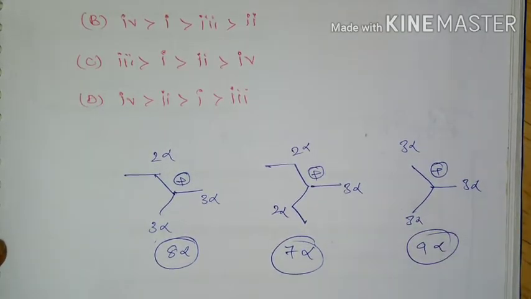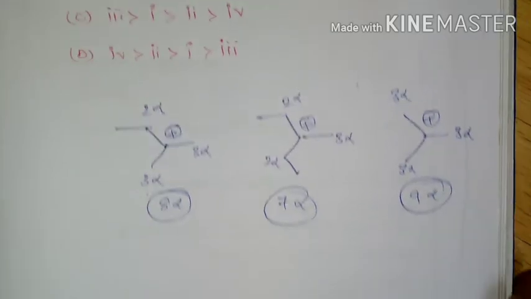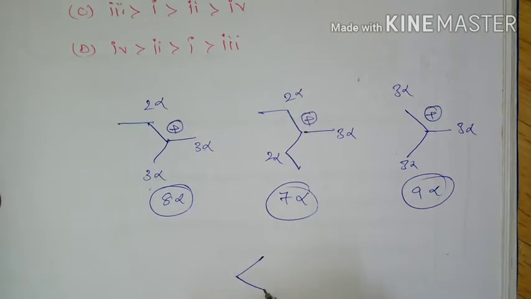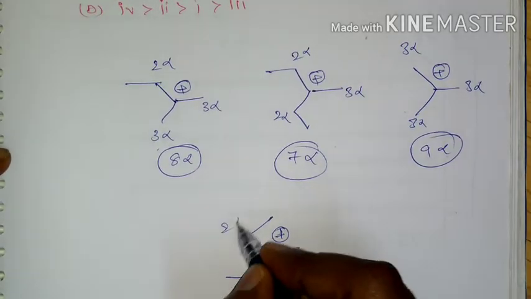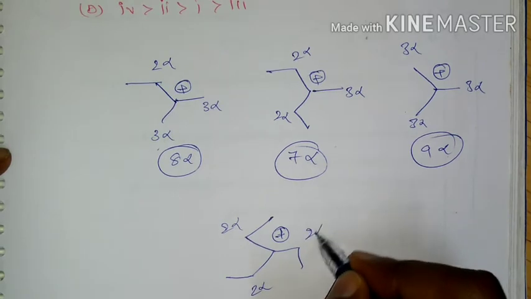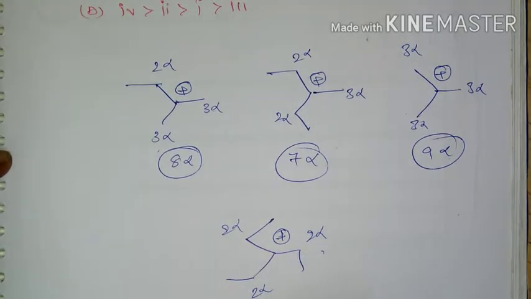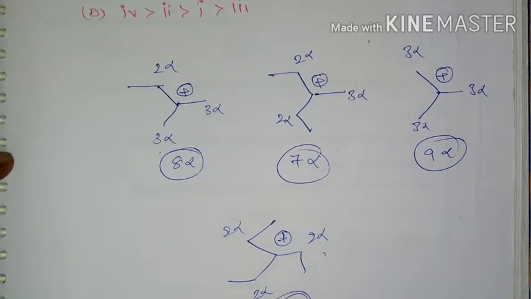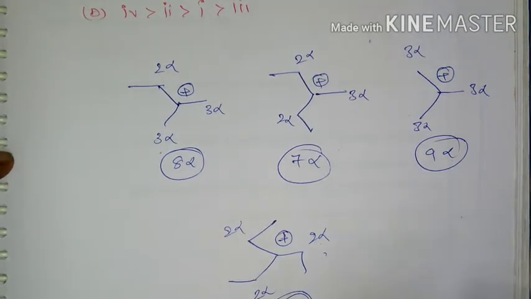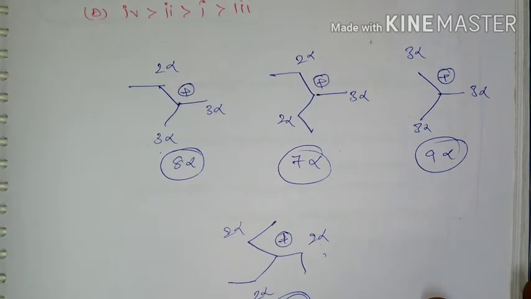Overall 9 hyperconjugating structures are possible. And the last, if you come for this tertiary carbocation, it is having 2 alpha, 2 alpha, 2 alpha, so 6 alpha hydrogens. So based on these hyperconjugating structures, you need to decide the decreasing order of stability.